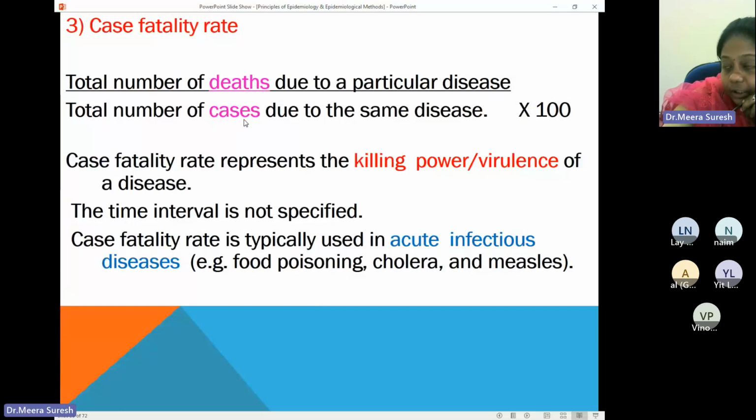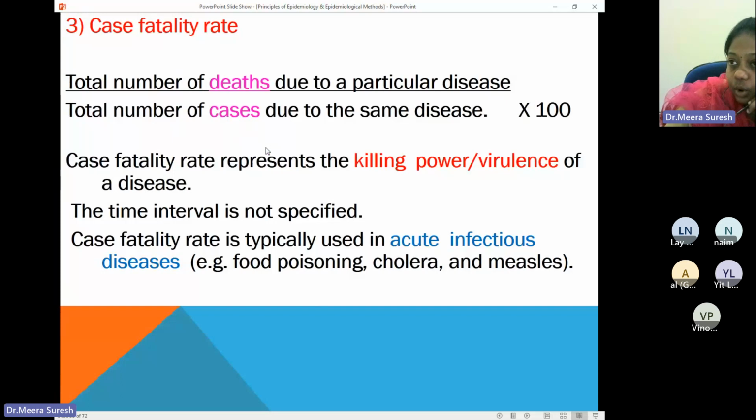So here notice the denominator. In case of the crude death rate and the specific death rate, the denominator we used was the general population, the mid-year population. But here we changed the denominator. The denominator became the people who are having the disease, the number of cases, not the whole population, but the cases.